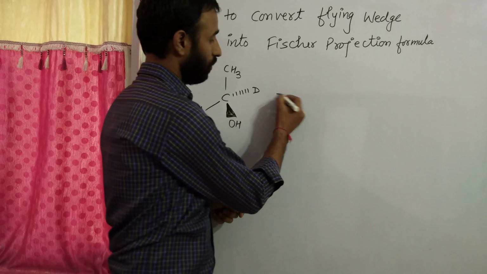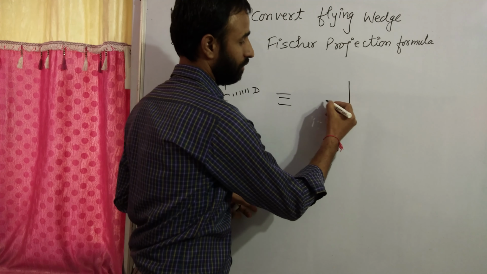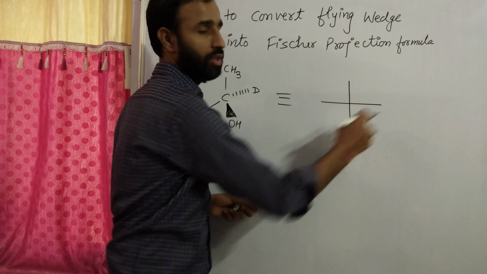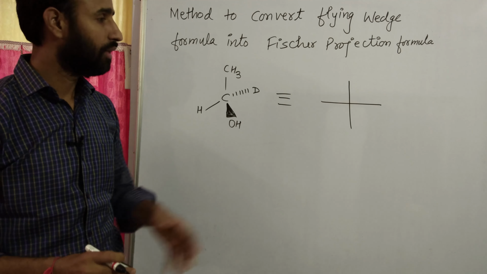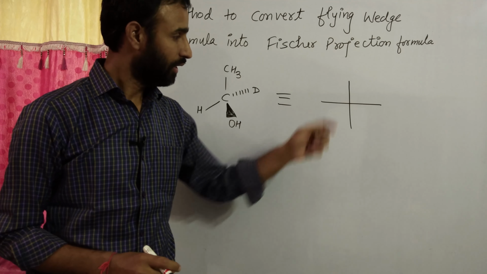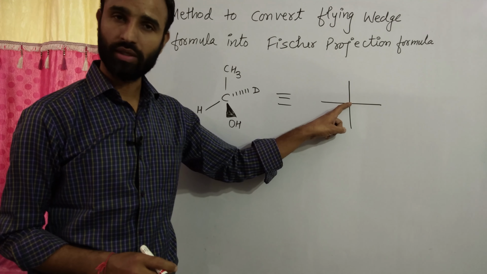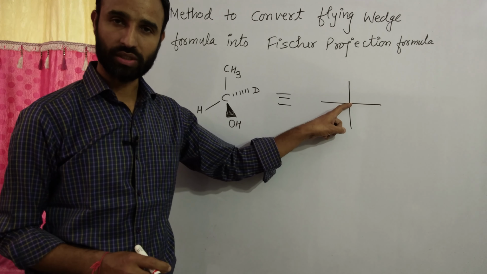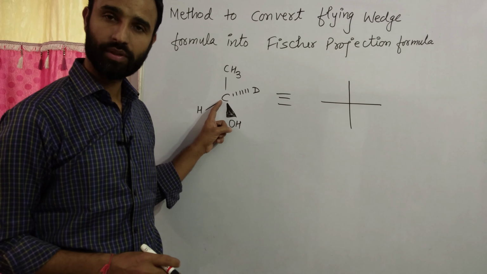To convert it into Fischer, first we write these two lines at 90 degrees, perpendicular to each other, and this point of intersection is the chiral carbon.